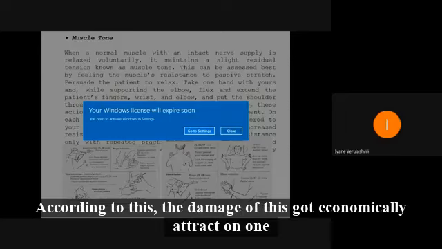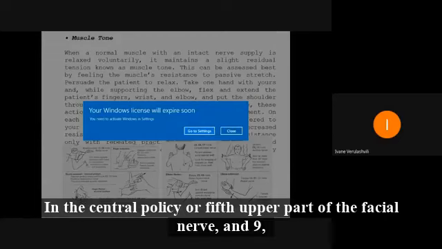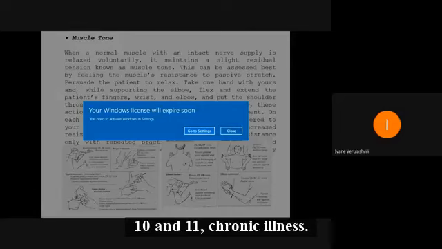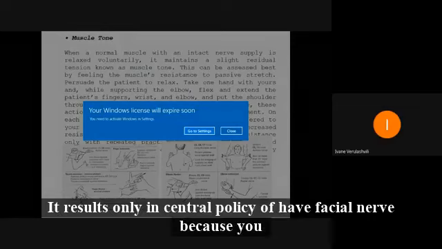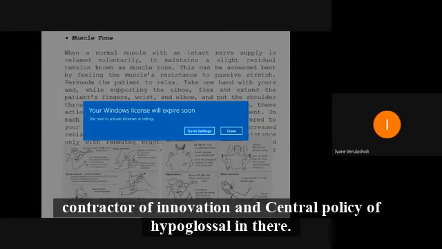According to this, the damage of this corticonuclear tract on one side does not result in central palsy of the fifth, the upper part of the facial nerve, and 9, 10, and 11 cranial nerves. It results only in central palsy of half of the facial nerve, because you remember that the lower part of the facial nerve nucleus has contralateral innervation, and central palsy of the hypoglossal nerve.